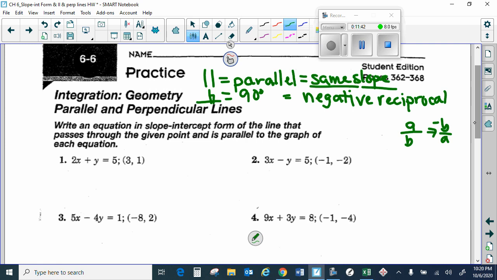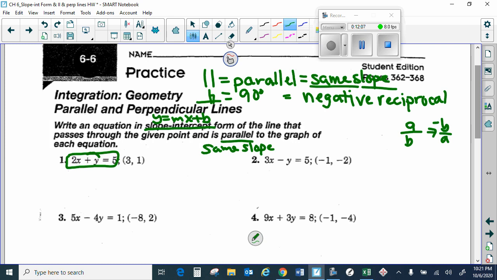So it says write an equation in slope-intercept form, y equals mx plus b, of the line that passes through the given point and is parallel to the equation. So parallel, same slope. I need to find the slope of this equation right here. That means I solve for y to put it in slope-intercept form.